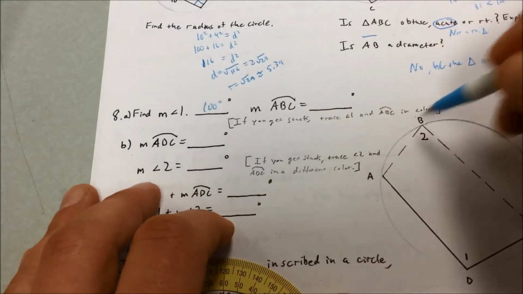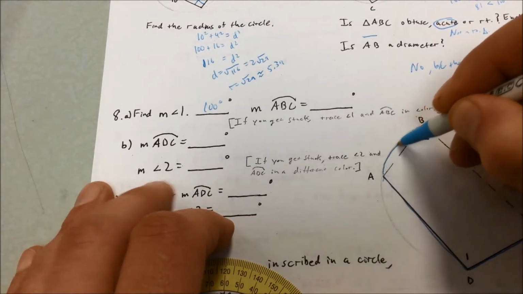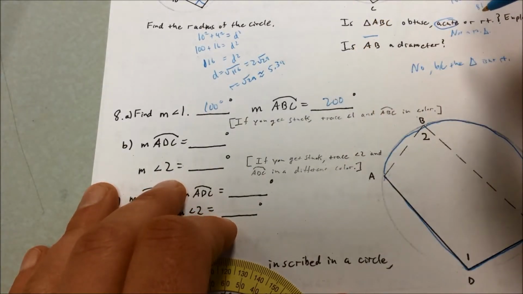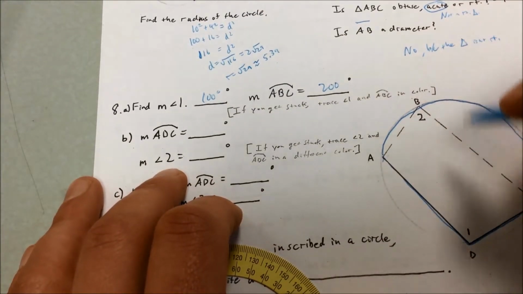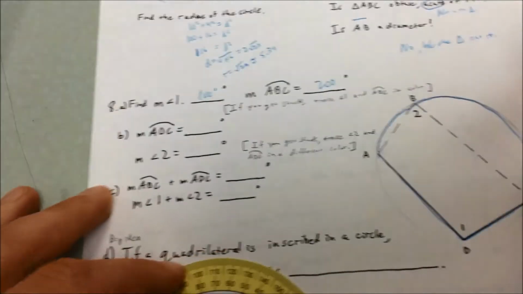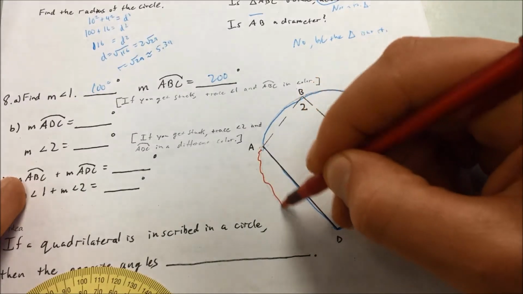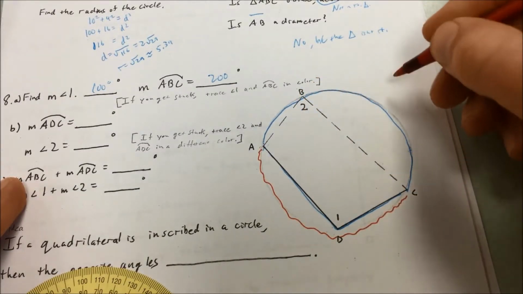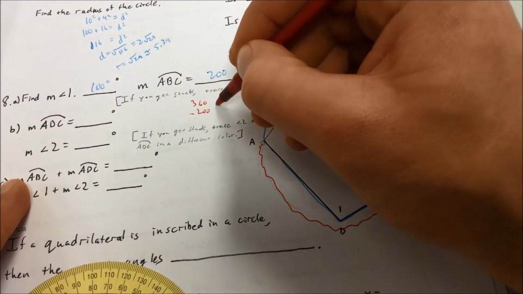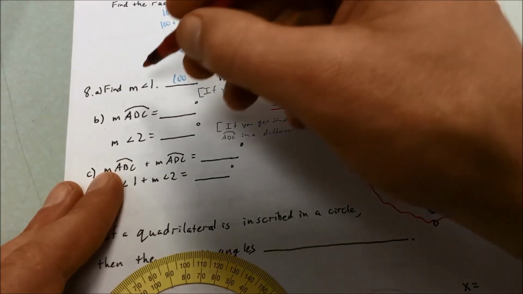So that means the measure of arc ABC, well, this is 100, so that means this arc's going to be 200 degrees. So how much is arc ADC? I'm actually going to switch colors here. Arc ADC, from here to here, that's going to be everything left over. So that's going to be 360 minus 200. So that's going to be 160. So arc ADC is 160 degrees.